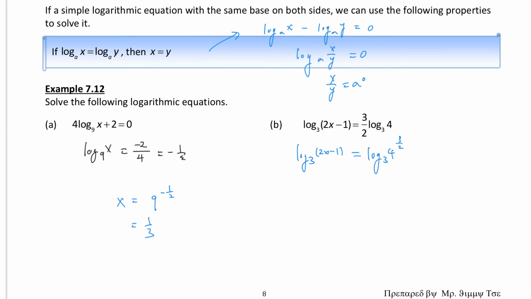Then apply the concept: log a is equal to log b. This is a and this is b. They are equal. So 2x minus 1 is equal to 4 to the power 3 over 2. Then simplify it. This is equal to 8 plus 1 over 2. So x is equal to 4.5.